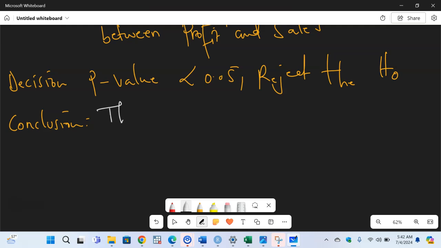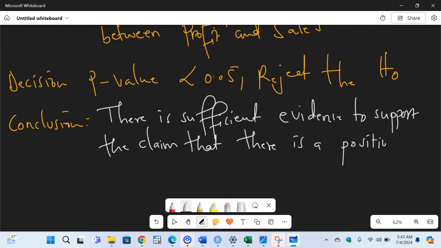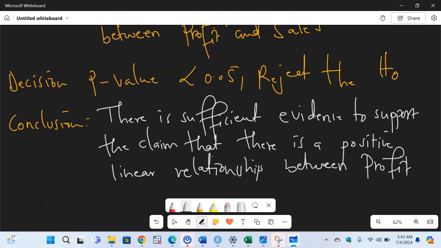So you conclude and say there is sufficient evidence to support the claim that there is a positive linear relationship between profit and sales. Yeah, so this is the conclusion.